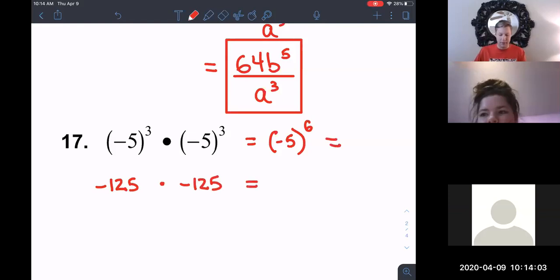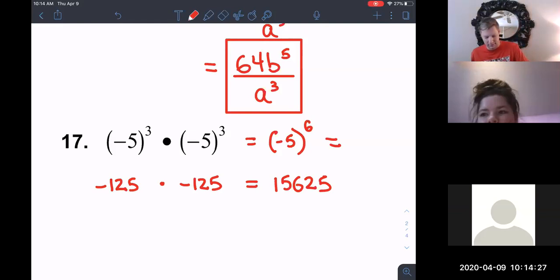Okay, and if we do both of these, now if we multiply negative 125 times negative 125, we get 15,625. And if I do negative 5 to the 6th power, we should get the same answer. And we do. So I don't know, maybe you can see that on my screen.